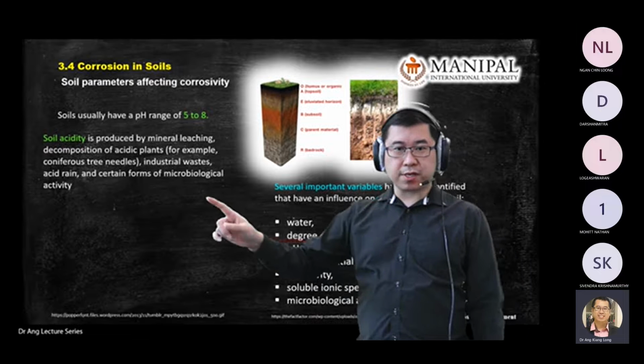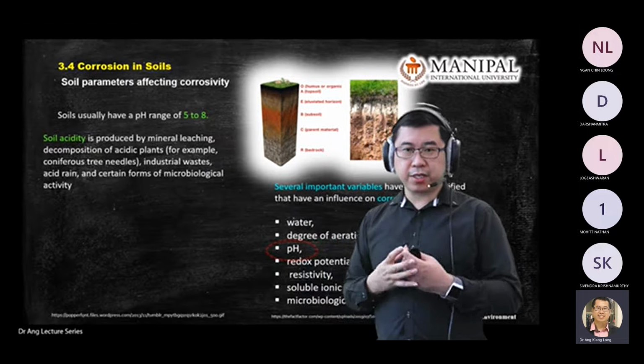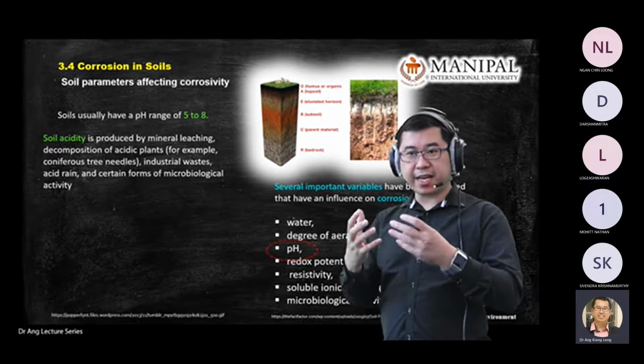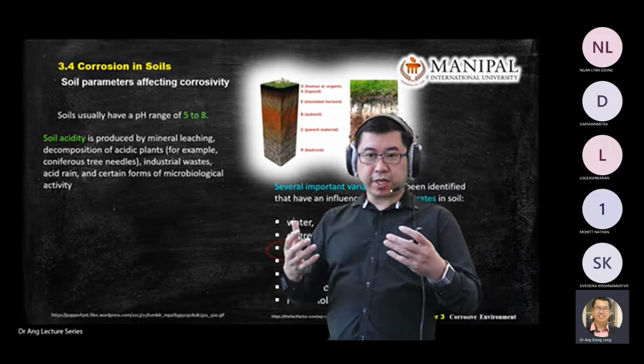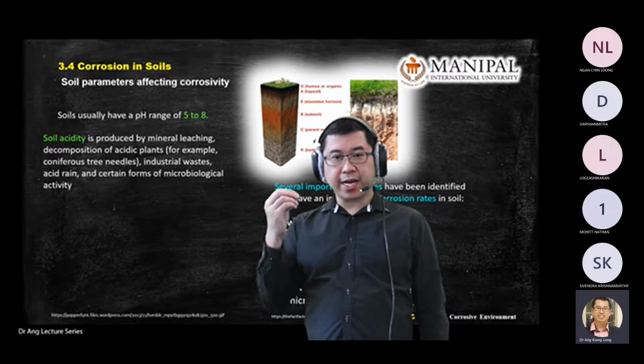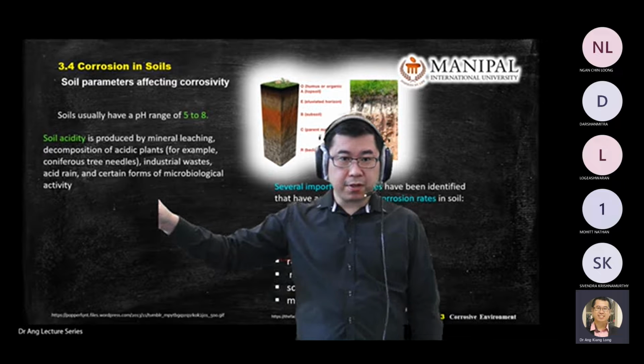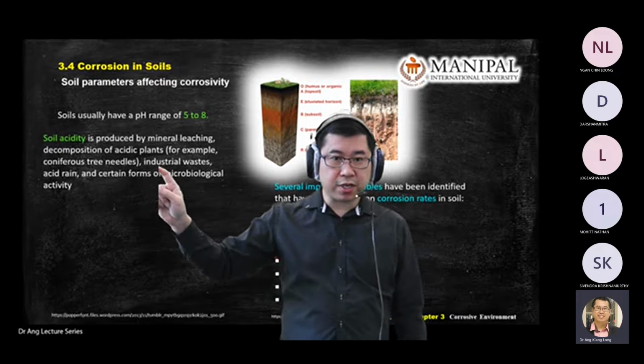And by nature, some trees or plantations, when they die and decompose, will create acidic compounds. For example, coniferous tree needles.